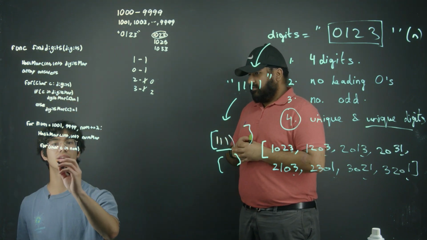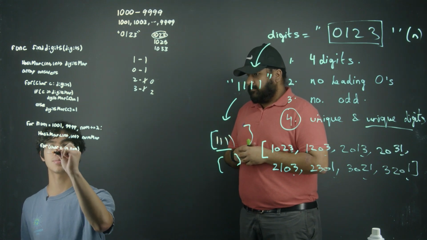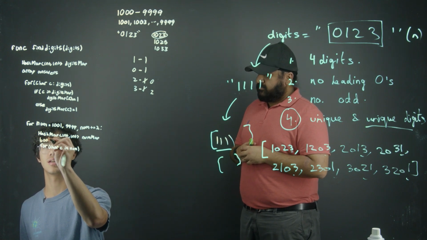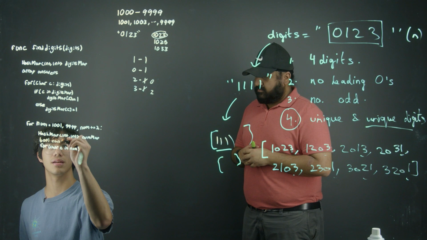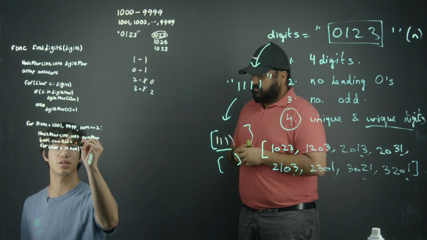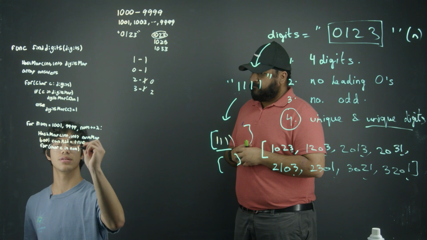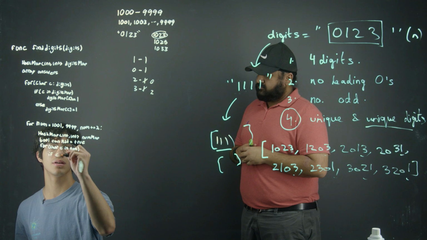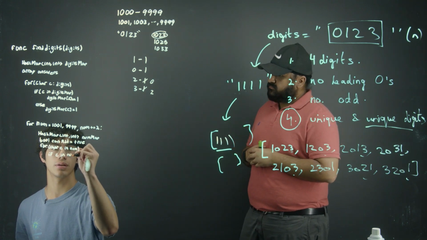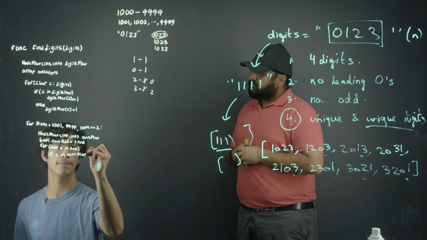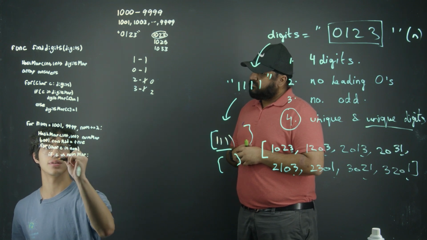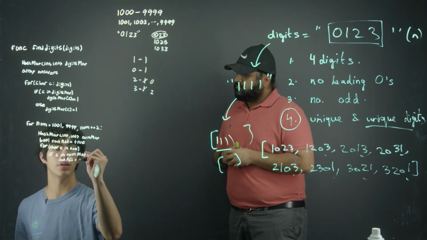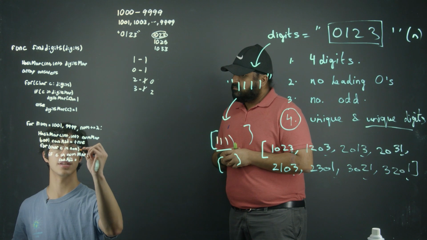So for each character in num, we're just going to have this hash map. And we're also going to have a Boolean, let's say can add, and we're going to initialize this to be true at first. So what we're going to do is, if this character is already in the map, then we're going to say can add is false, since we want all the numbers to be distinct.